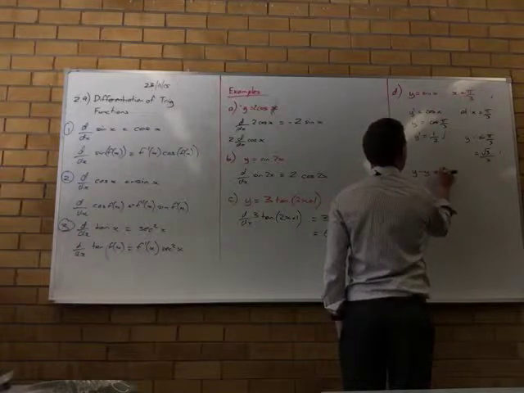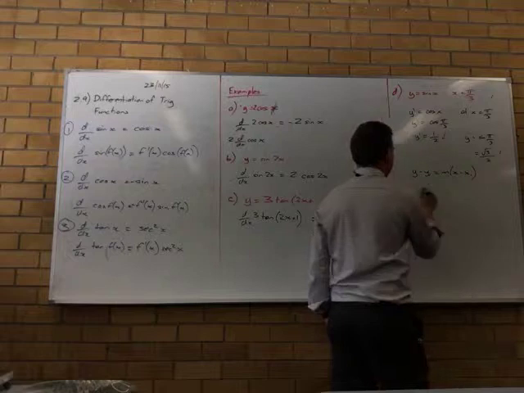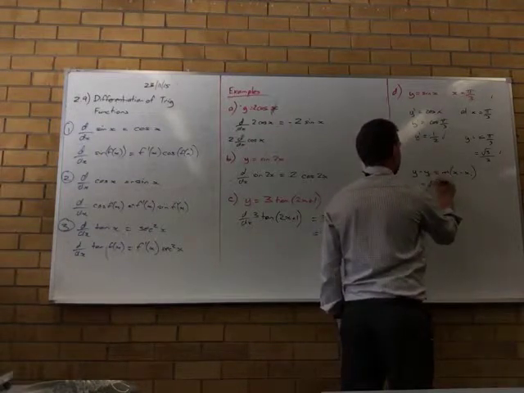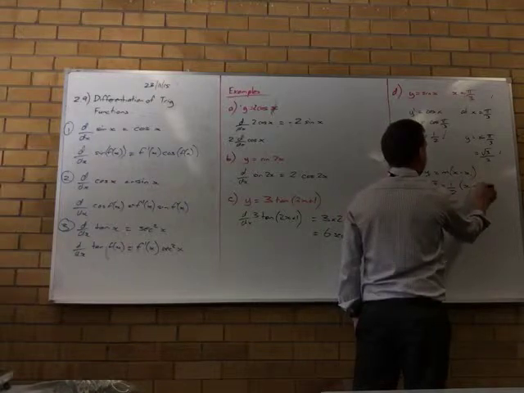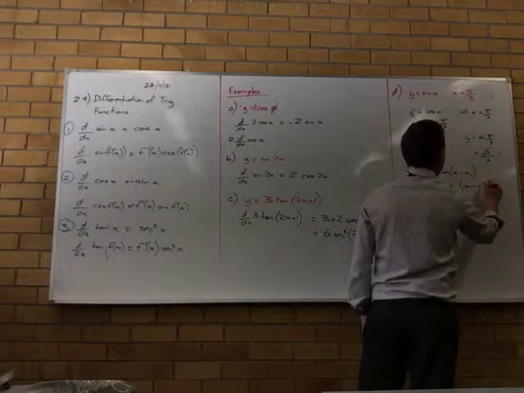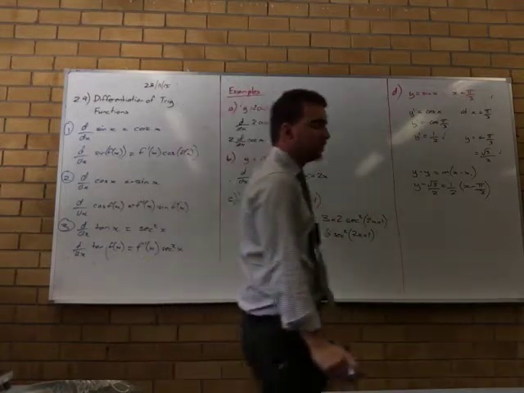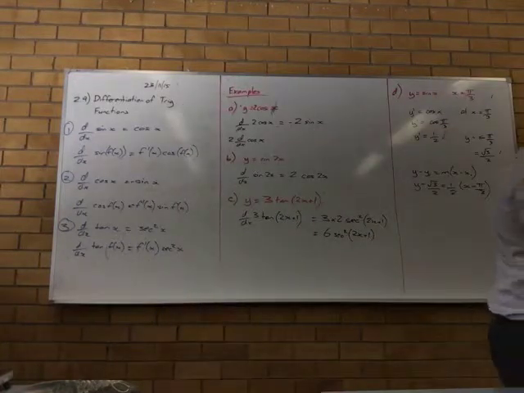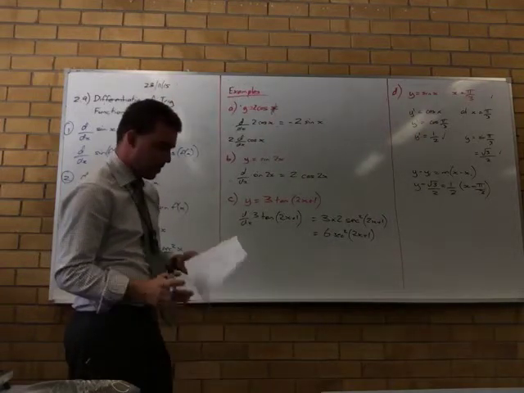y minus y1 is equal to m outside of x take away x1. So we need this in exact form, of course, because we've got pi's and surds involved in that equation.